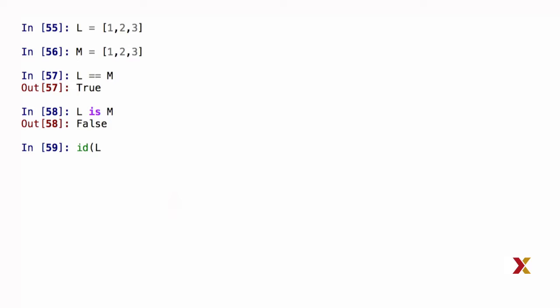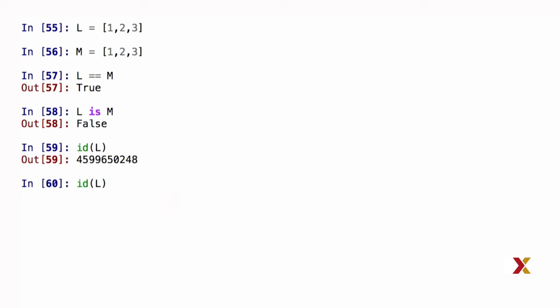But there is another way we can compare these 2 objects. We can also ask, is L the same object as M? And in this case, Python returns false. What's happening here? We can use the ID function to obtain the identity of an object. And the number returned by Python corresponds to the object's location in memory. So if I type ID of L, Python returns a number.